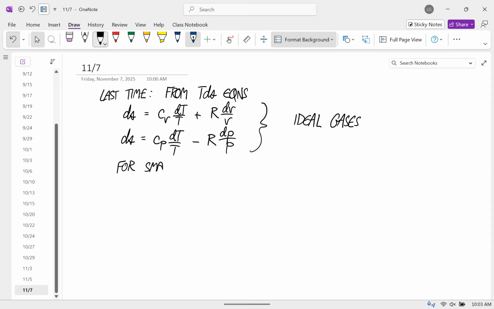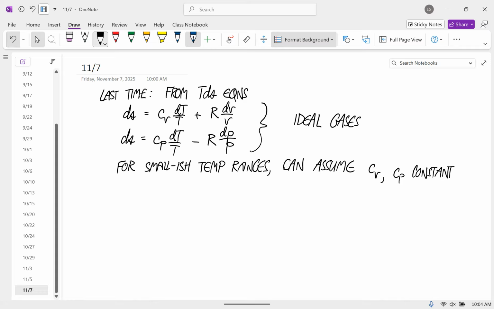For smallish temperature ranges, you can assume that Cv and Cp are constant. And if you do that, it makes the integration easy because you can pull those constants outside of the integral.